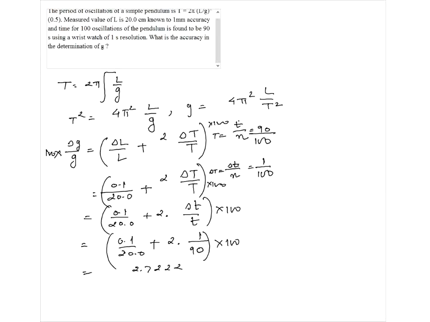Now the answer that I have is 3%. How is that happening? Let me double check. Okay, so that could be an error in the NCERT textbook.